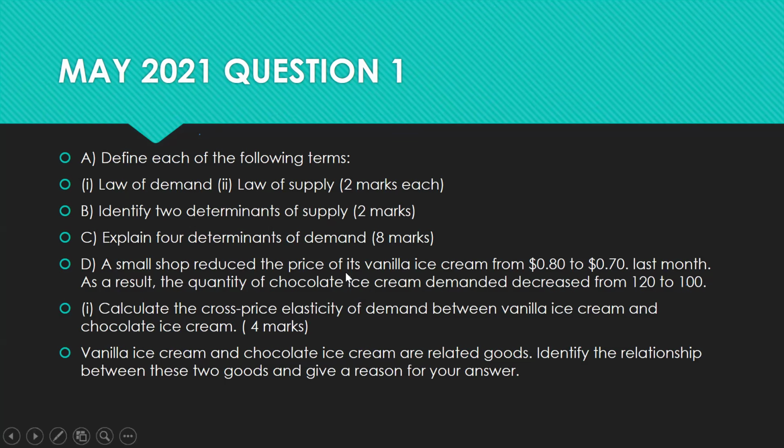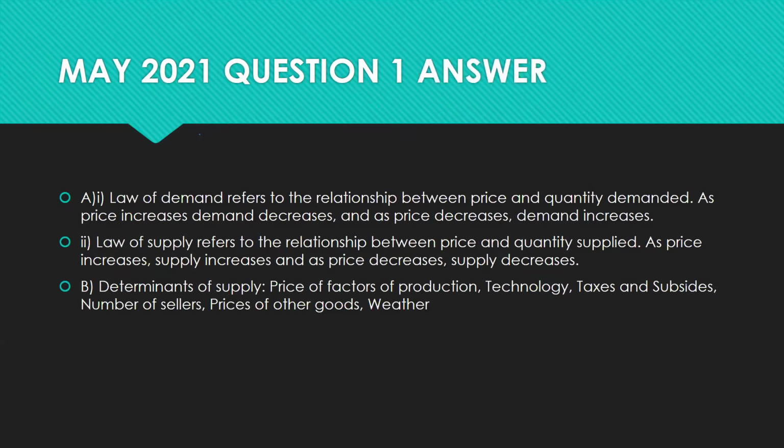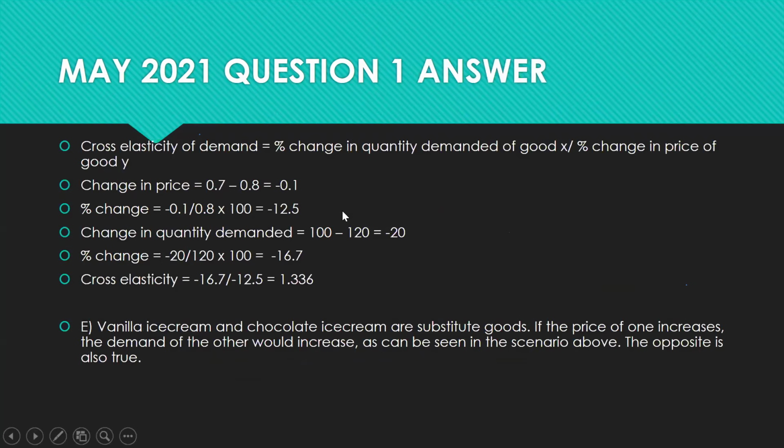So let's calculate the percentage change in demand first. It went from 120 to 100. How much did it change by? Negative 20. So it'll be negative 20 divided by the original amount, which is 120, multiplied by 100. Negative 20 divided by 120 multiplied by 100 gives 16.7.